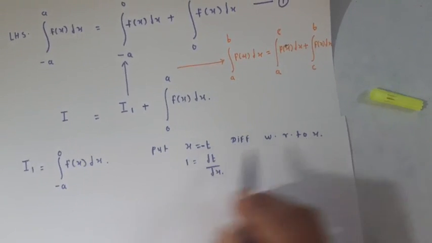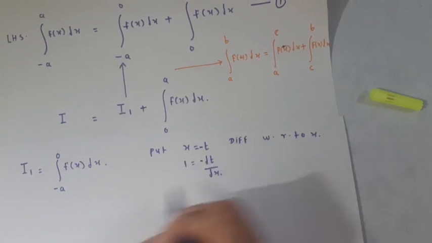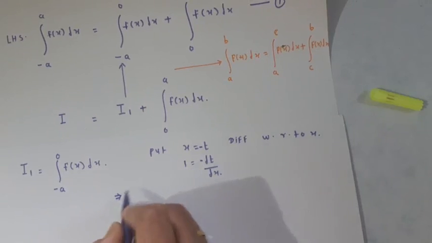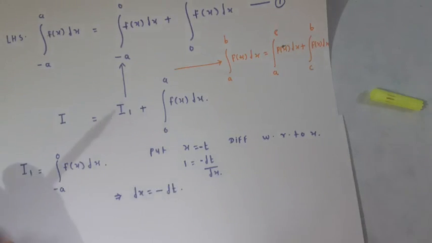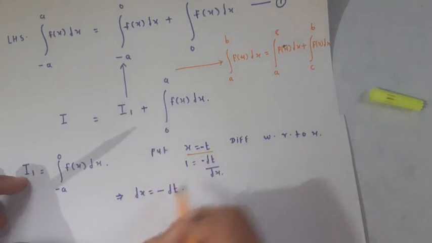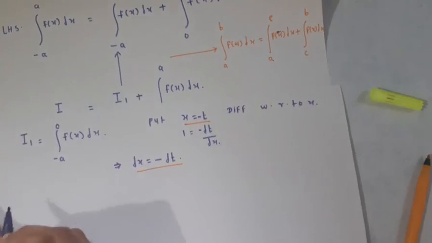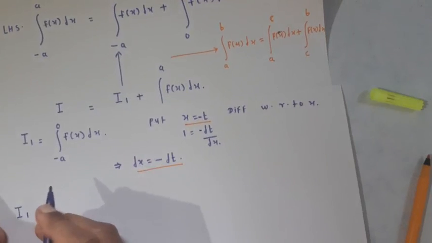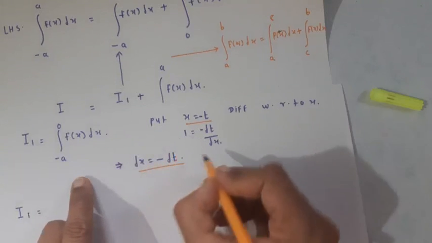Differentiate with respect to x, 1 equals minus dt by dx, and this implies dx equals minus dt. Also change the limits of integration according to the substitution.